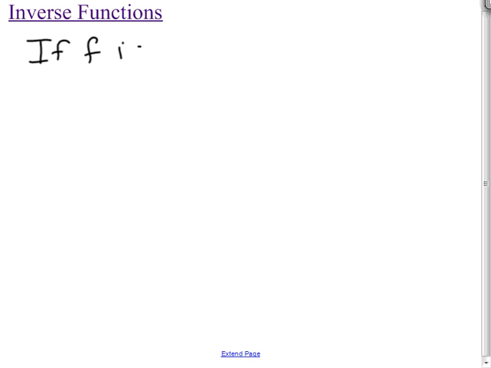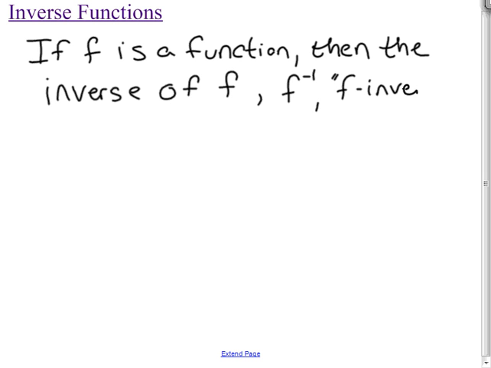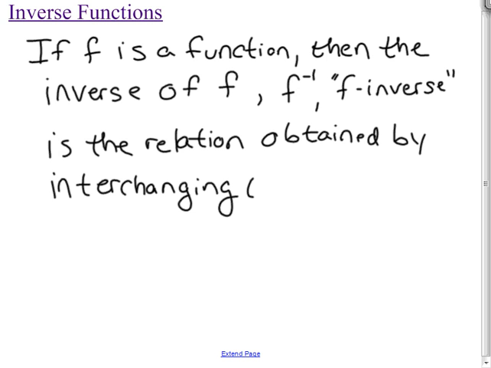If f is a function, then the inverse of f, which we denote f to the negative first, that means f inverse, is the relation obtained by interchanging the two variables.